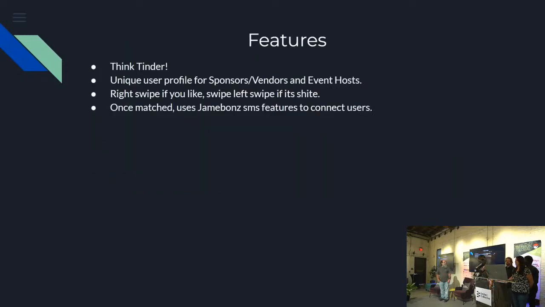So it's Tinder, you make your profile, and we use Jambonz, so you can send a direct SMS text, and you guys can start having that conversation about if you're aligned event-wise, your group and then the sponsor.